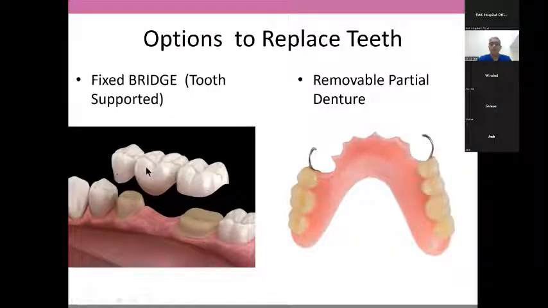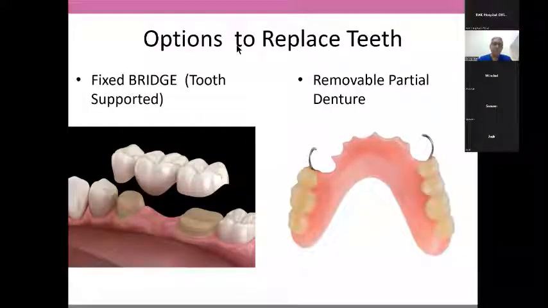The other technique is a fixed tooth-supported bridge. This is one of the most common techniques. Until about 20-25 years back, it was the gold standard of teeth replacement. In this, as you can see in the picture, you have a missing tooth, so we grind or shape the adjacent teeth to create supports, like a pillar across a river, and we create a bridge.